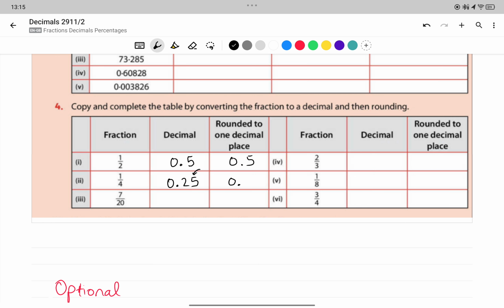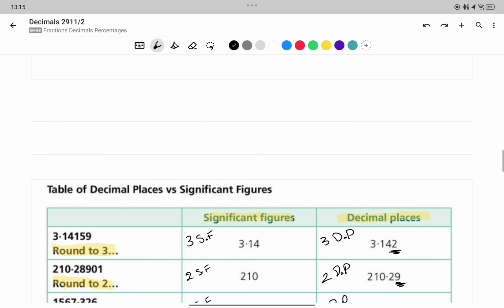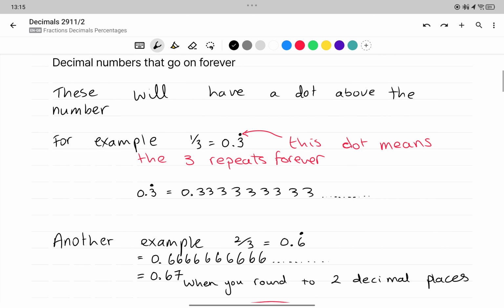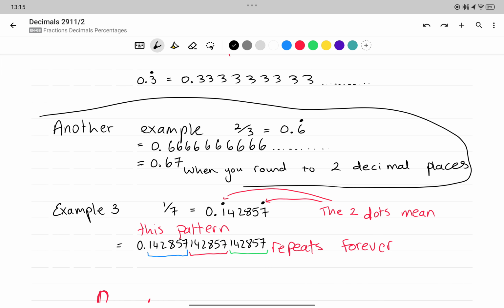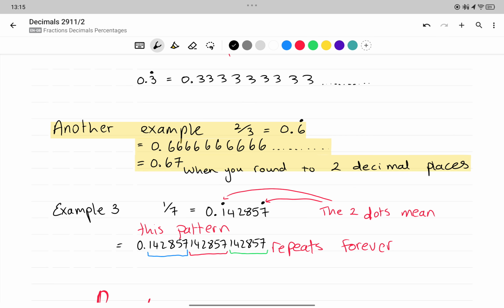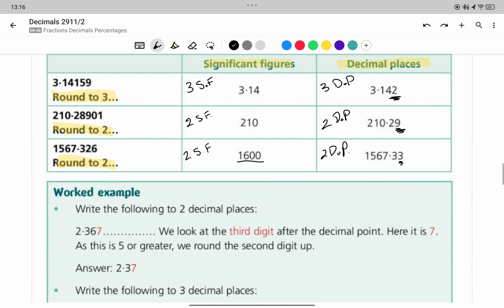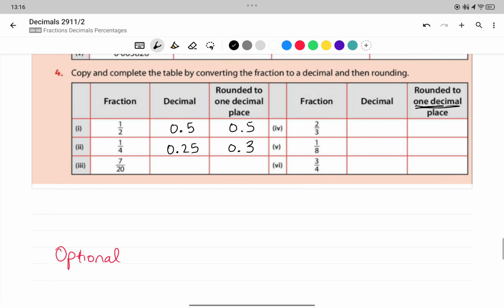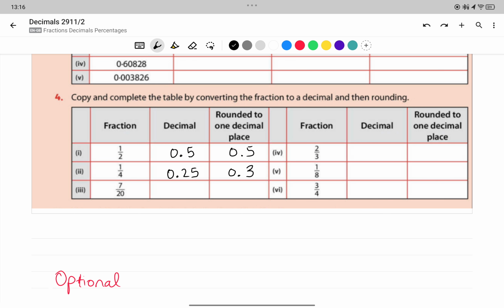Is the next one 5 or more? Yes, so it's going to be 0.3. And some of these, this one, I did that one earlier, and an example up here. There it is. I've rounded it to 2 decimal places. This question asks you to round it to 1 decimal place. So hopefully you can finish that.